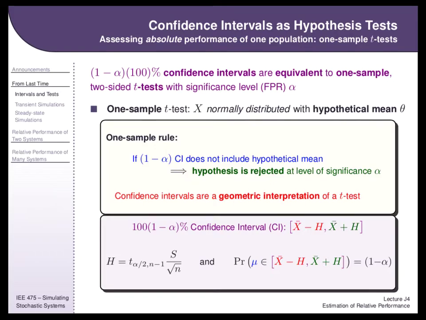So the one sample rule is if your confidence interval does not include the mean, you reject that hypothetical mean. And so our confidence interval, mathematically speaking, is that under the null, if the null is true, the probability that the null will be inside the confidence interval is whatever the confidence level is.